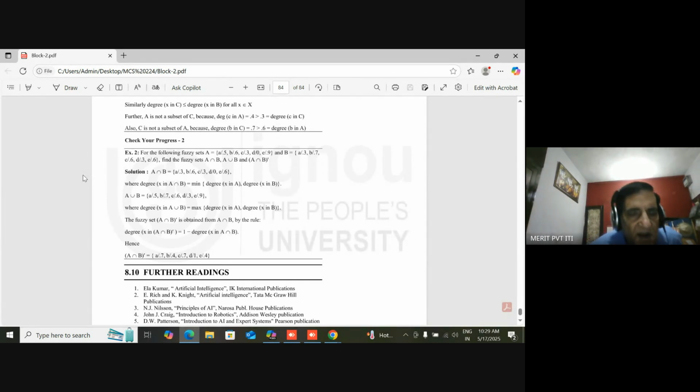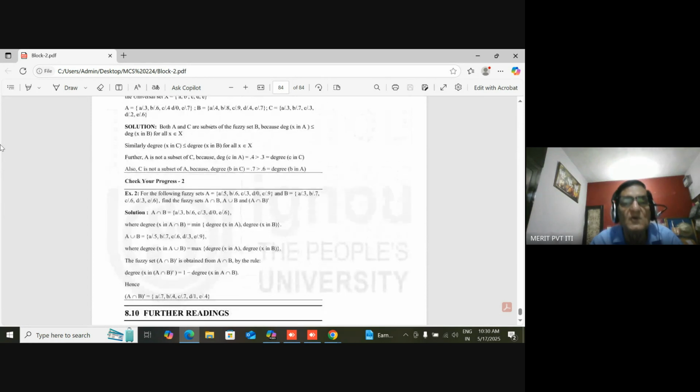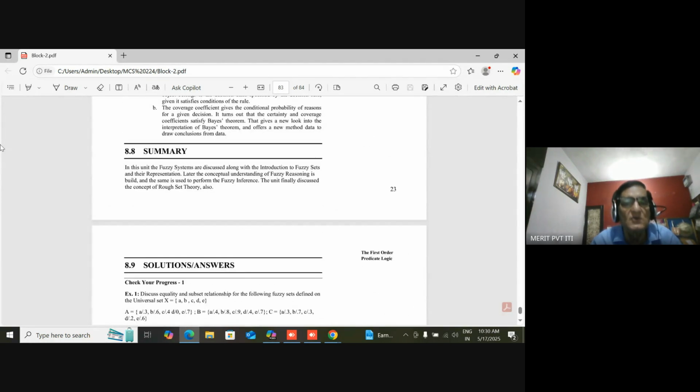And this was by... इसमें दिए नहीं है, उसका रेफरेंस नहीं दिया हुआ, the reference of the book by the person who wrote this fuzzy system is not given. So I'll just check up and let you know. Just a moment.